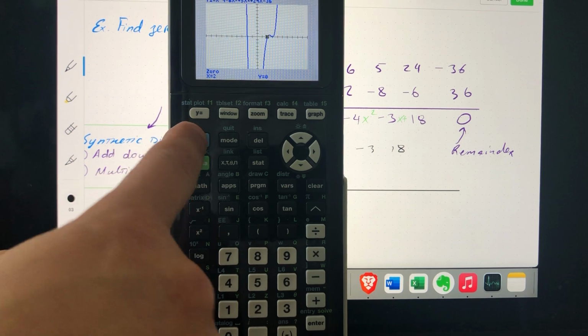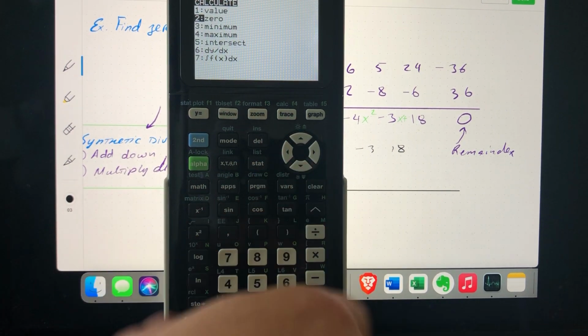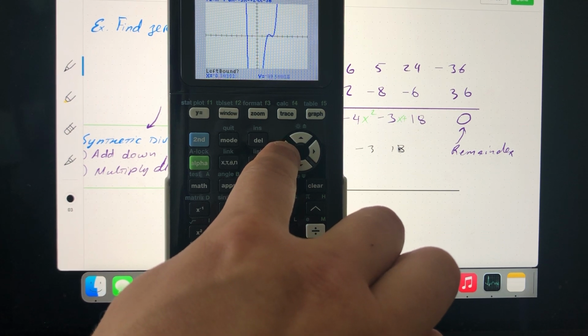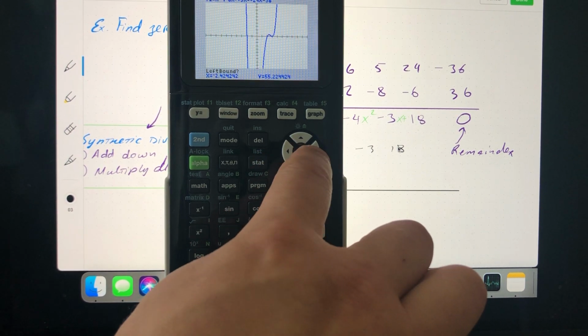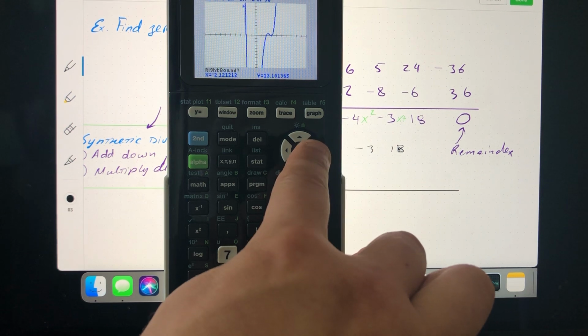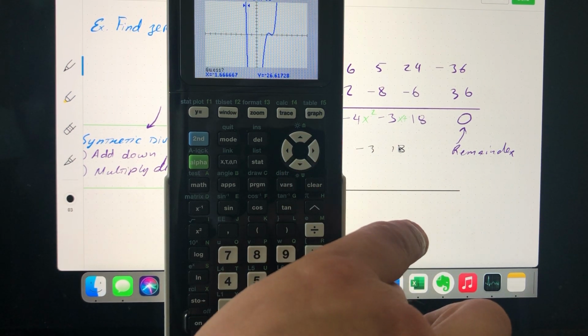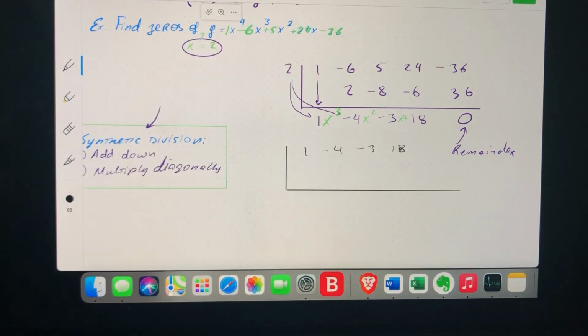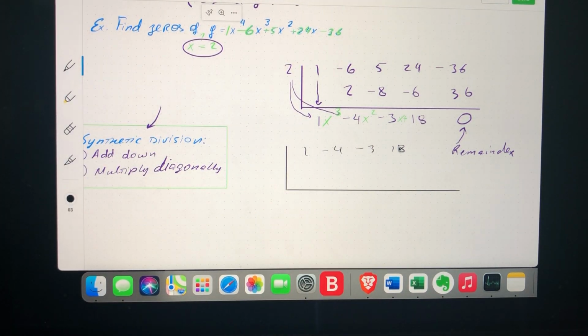So let's use the calculator to see if that's a reasonable guess. Let's scoot over to the left side. There it is, left side, and then right side, guess in the middle, -2. It really does look like -2. But to prove it, we have to do the division.